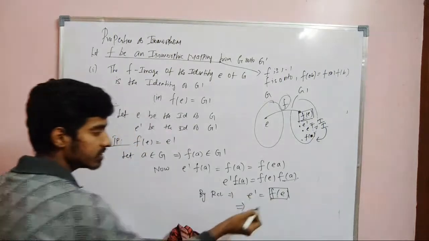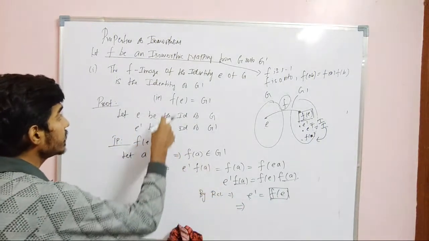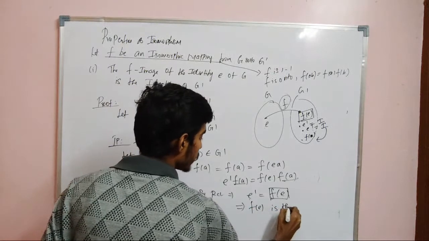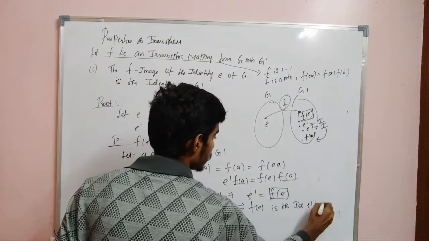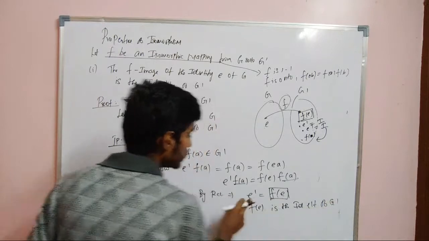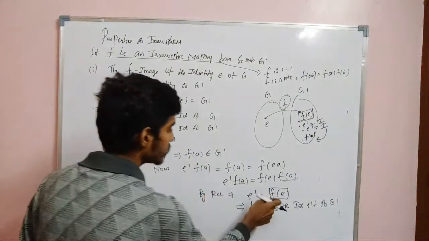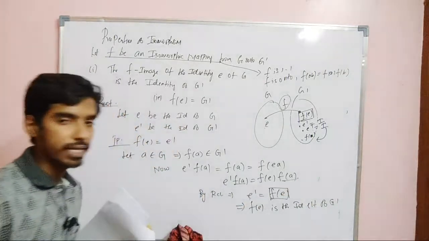E dash. What is E dash? E dash is the ID element of G dash. So therefore, F of E is the ID element of G dash.